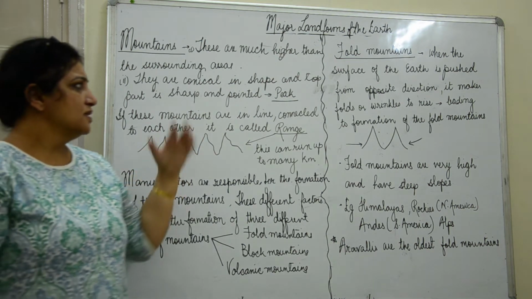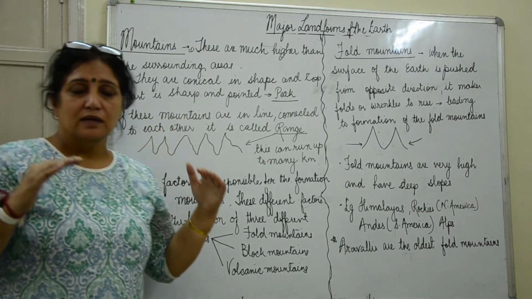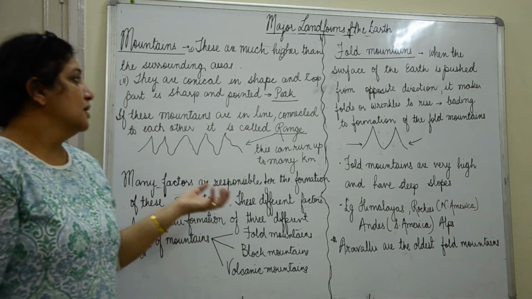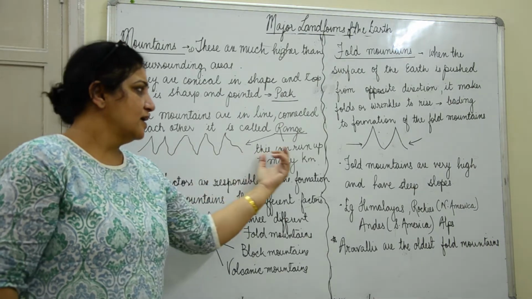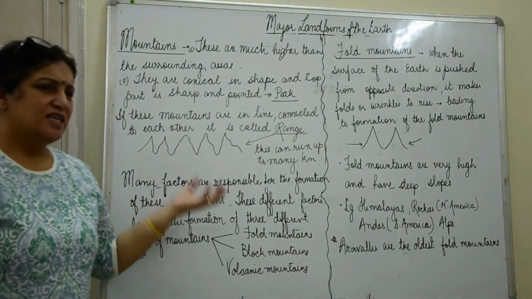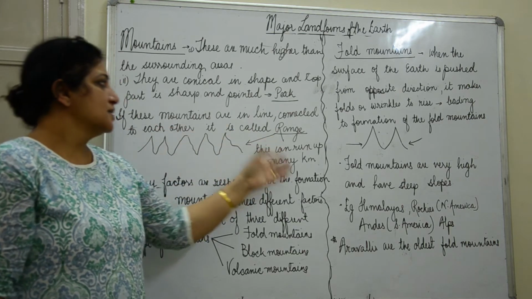So mountains are the high structures that are found on the surface of the earth. Now these mountains are connected to each other and they are in a line. It is called a range or a chain of mountains. We use chain for hills, so a chain of hills or a range of mountains.